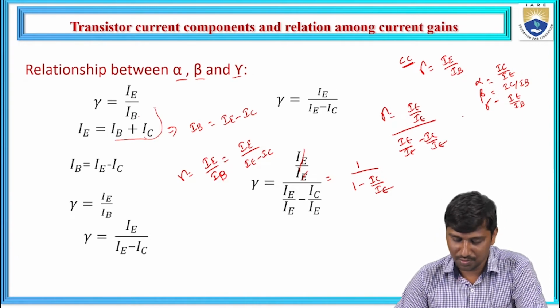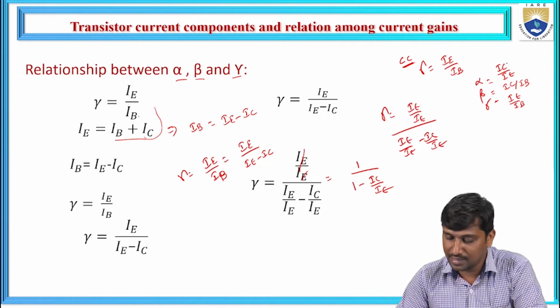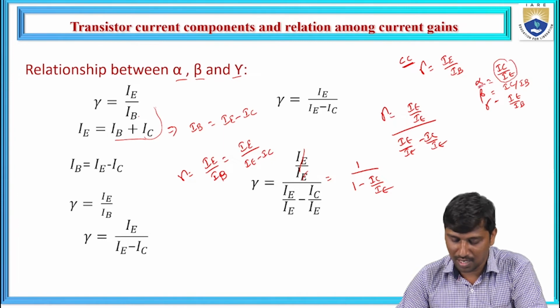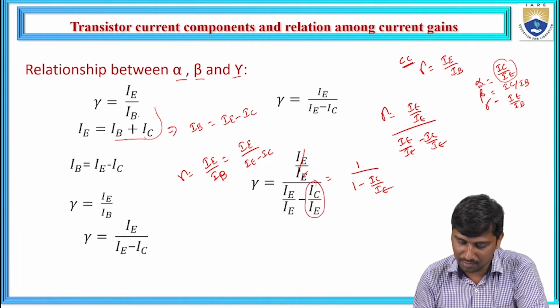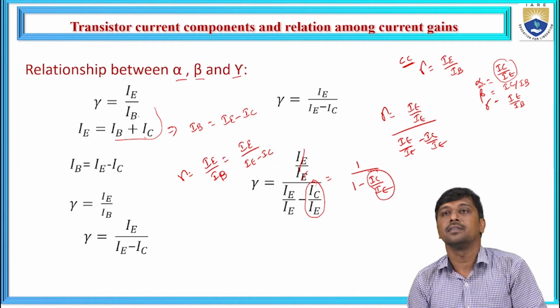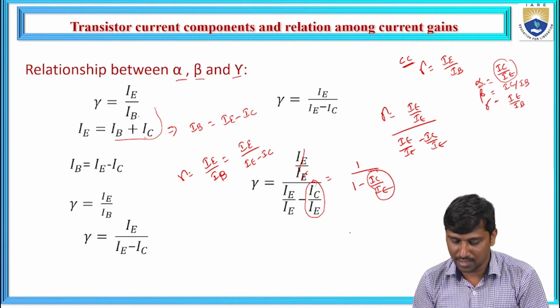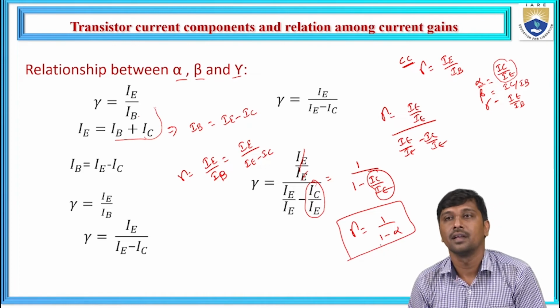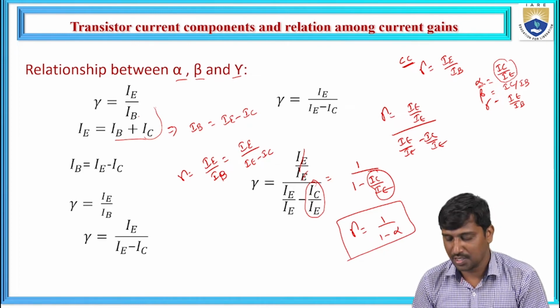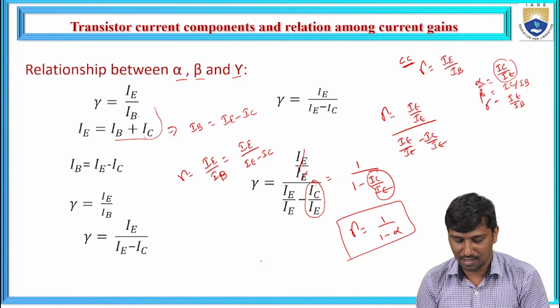So IC by IE is nothing but your alpha, and we can replace this ratio with the alpha value. So gamma is equal to 1 by (1 minus alpha). This is the gamma represented in terms of alpha.